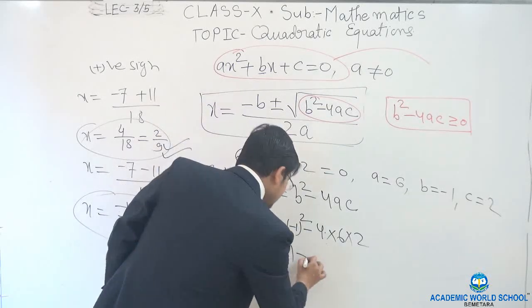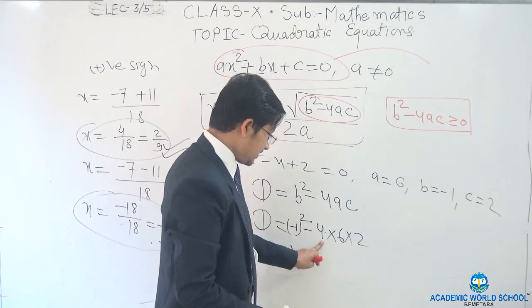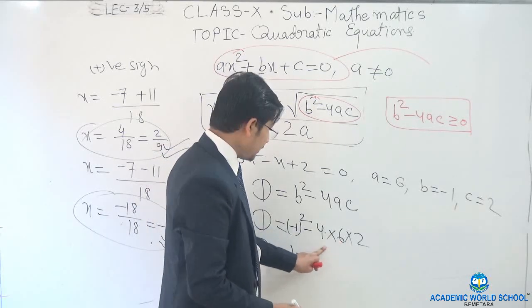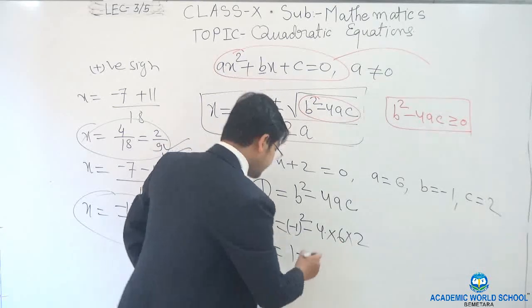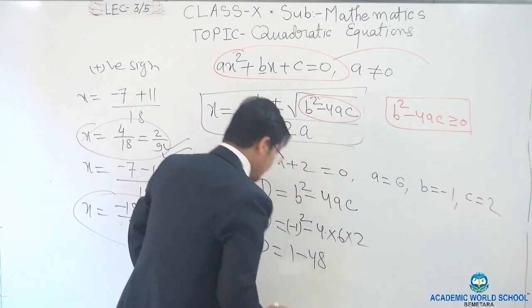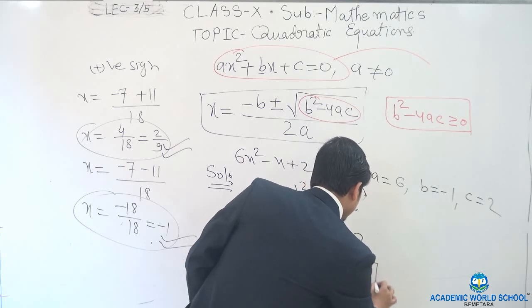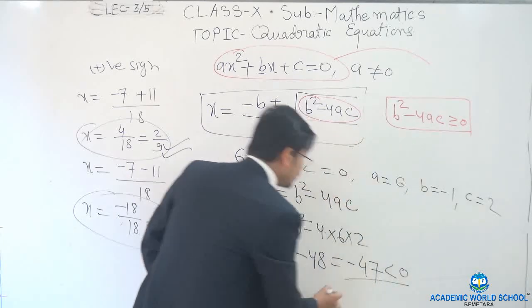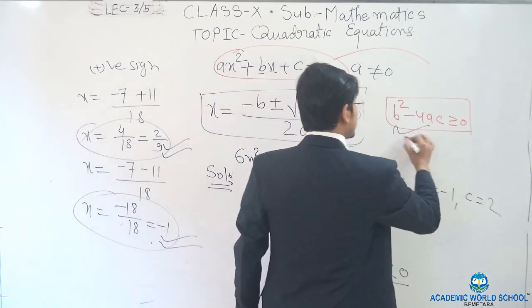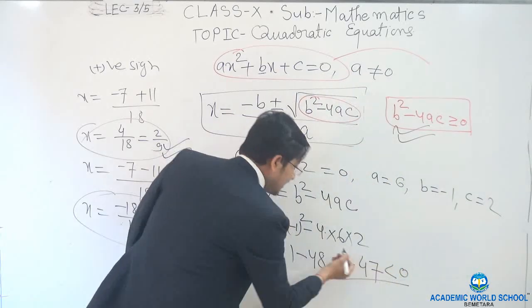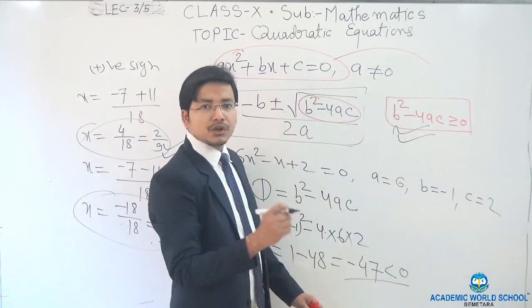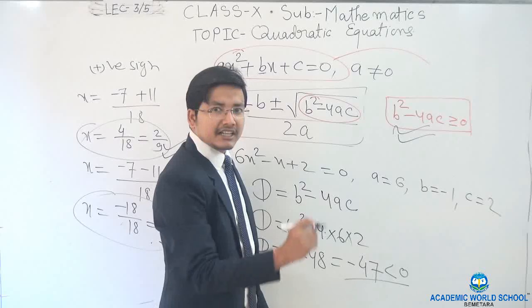A is 6 and c is 2, so 4 into 6, 24, 24 into 2, that is 48. So D that we are getting is minus 47, which is less than 0. It should be greater than or equal to 0, but it is coming less than 0. It means no real roots.